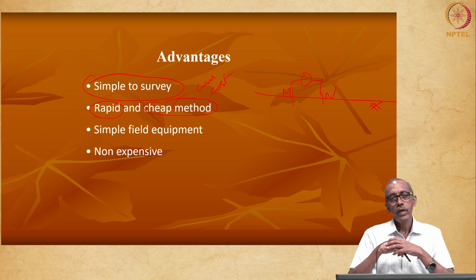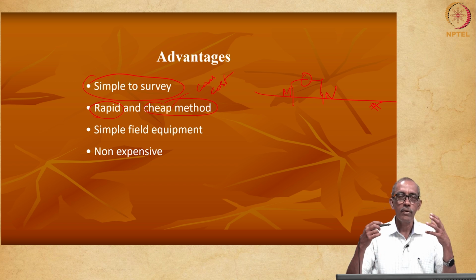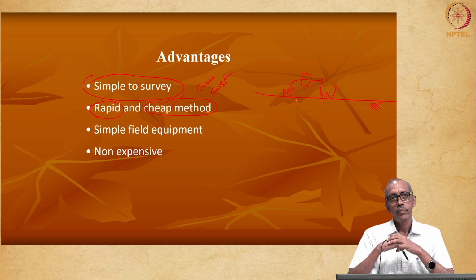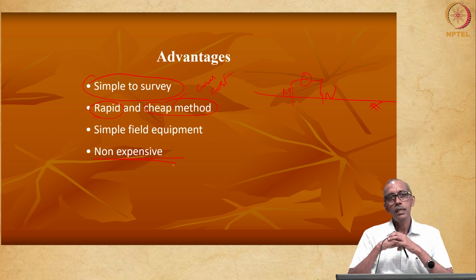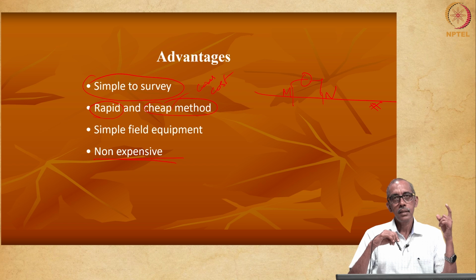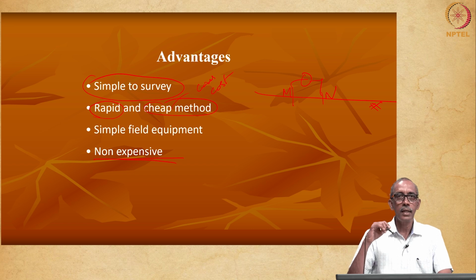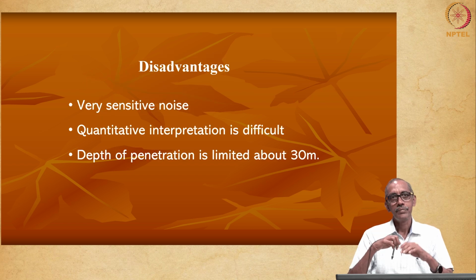And the equipment we use is also very simple, since we use just 2 electrodes and measure the potential between them. So, it is a cheap and inexpensive method, and as we began this method by saying, it is the simplest geophysical method. These are some of the greatest advantages of the self-potential method.